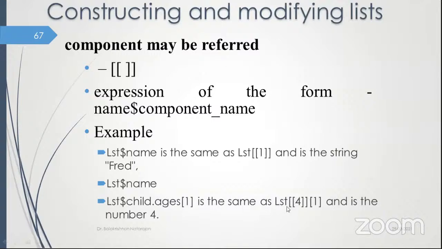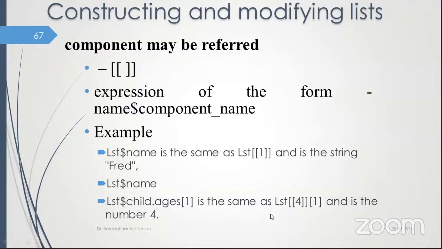So here in the case of child, you have 3 values, 3 children, 3 values. To specifically access the first child's age, you can refer to it either like this or like this. The second value refers to the second list value.